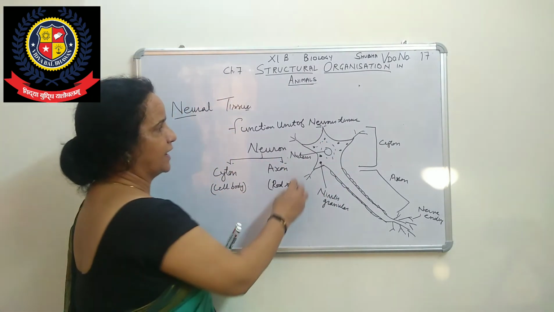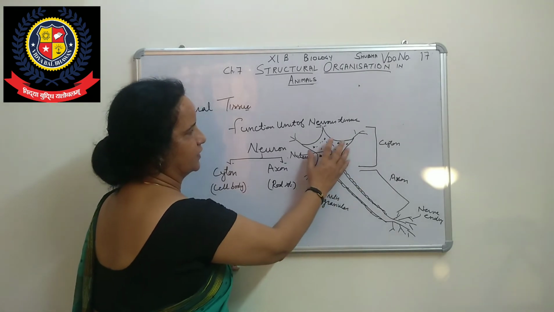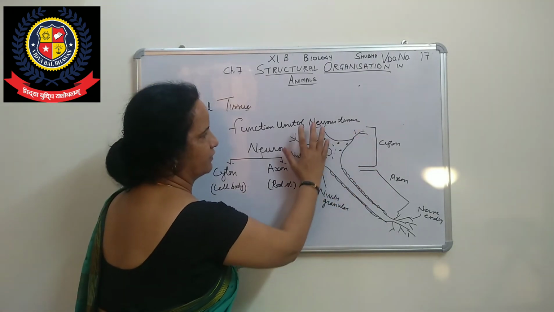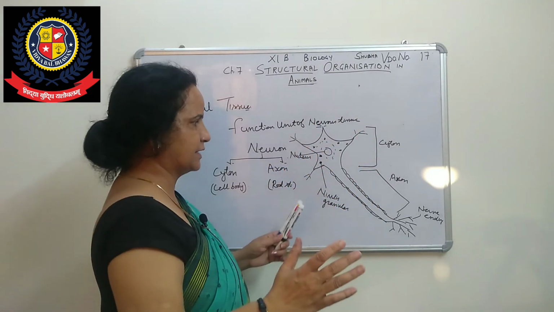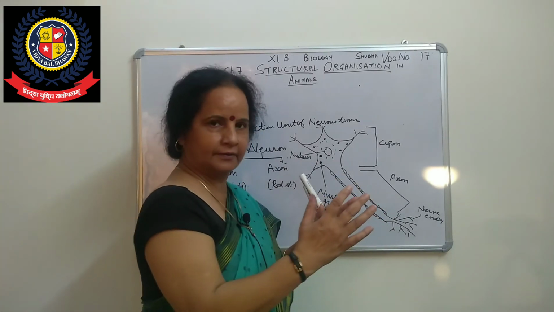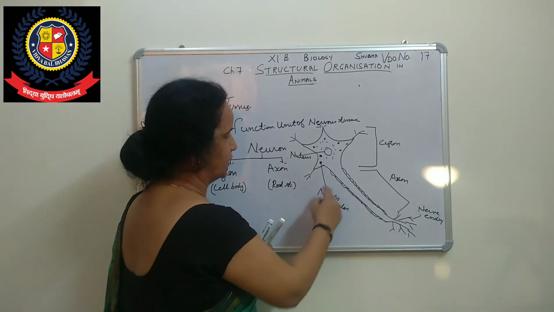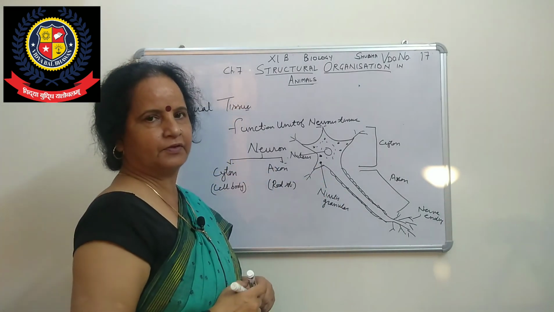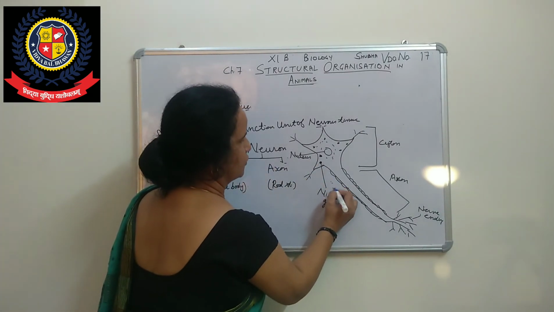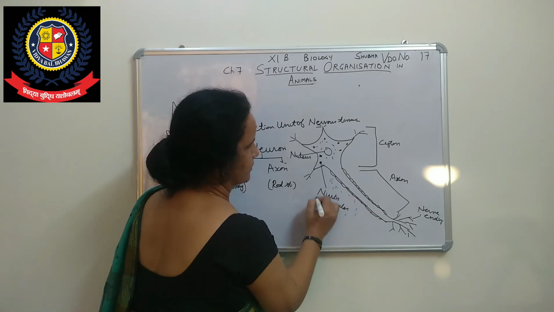Now, along with the neuron, there are some cells which make it compact and give support. So surrounding these, one more type of cell is present here. You can draw it like this.